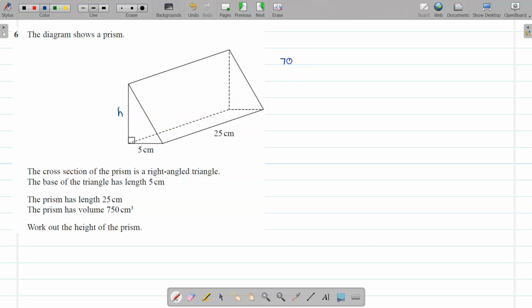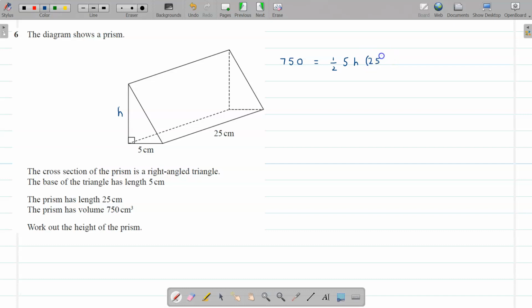So the 750 is equal to the cross-sectional area times the length of the prism. So 750 is a half of the base of the triangle at the end times the height. So half of 5 times h times the length, which is 25.